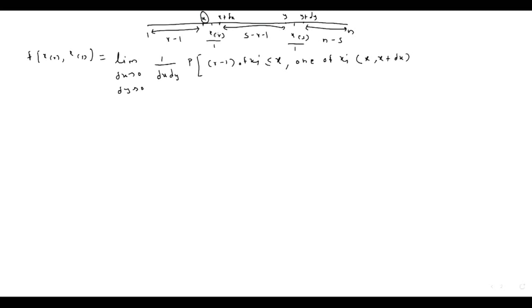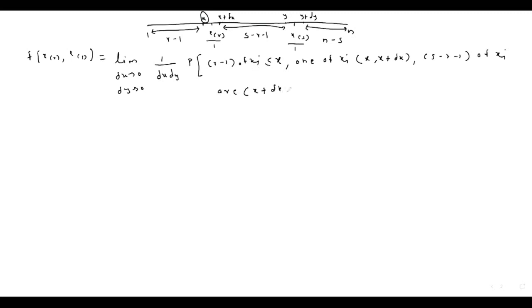Okay. 1 of the xi means my value is x_(r). Now there are s minus r minus 1 values. s minus r minus 1 of the xi are in between which value? x plus delta x and y.